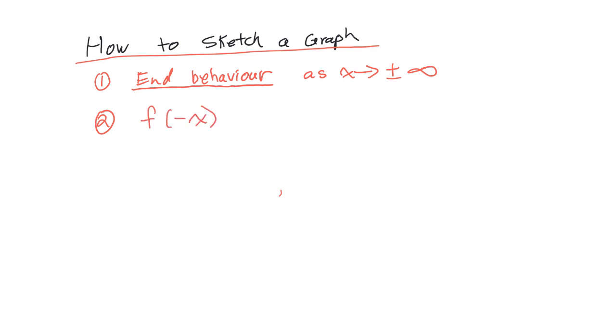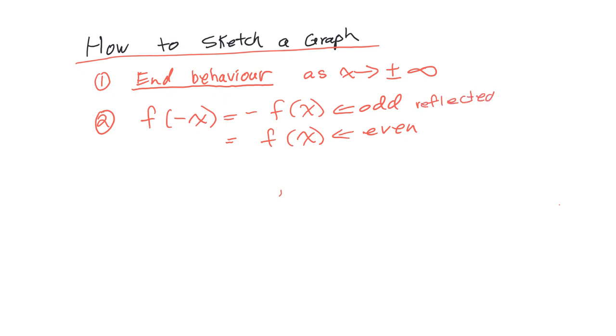Find out what that is. It's going to equal negative f of x, which is odd, or it's going to equal f of x, which means it's even. The first one means it is reflected in the origin, and this one means it's reflected in the y-axis.